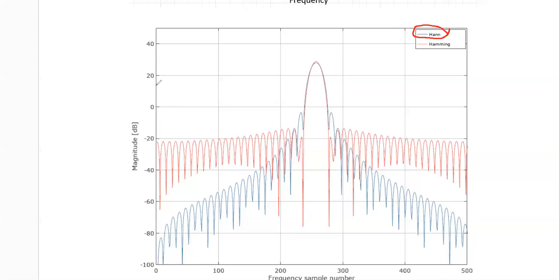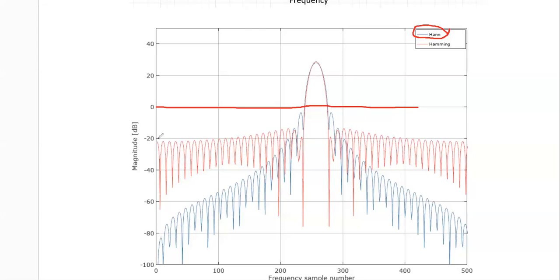Let's say this is your pass band, 0. This is in dB. 0 dB means 1. So this is basically your pass band, where we are passing the signal. And where is the stop band?